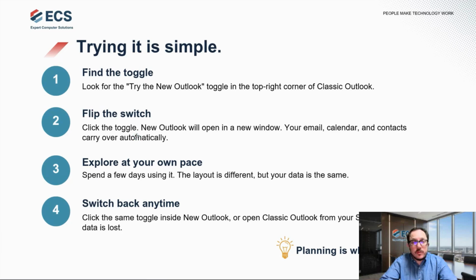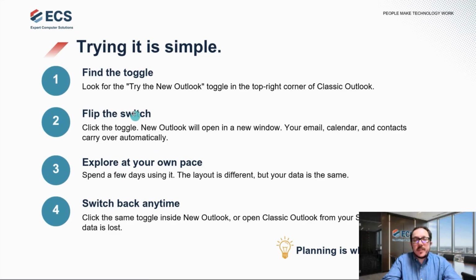So how do you use the new Outlook versus the classic Outlook? First, a disclaimer: to use the new Outlook, you have to have a Microsoft 365 subscription and you have to have Office installed as part of Microsoft 365. If you're still running, for your business, legacy Office 2019, new Outlook will not be available to you.